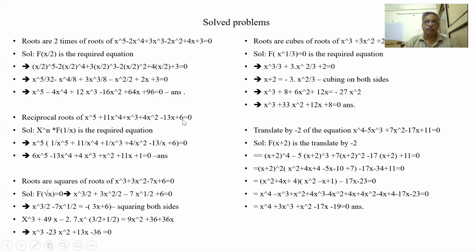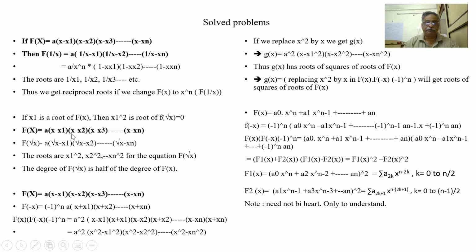What are the reciprocal roots of this? I want reciprocal roots. So we have just seen x to the power of n into f of 1 by x. X to the power of n into f of 1 by x is the reciprocal. We get reciprocal roots. In place of x, we are putting 1 by x.